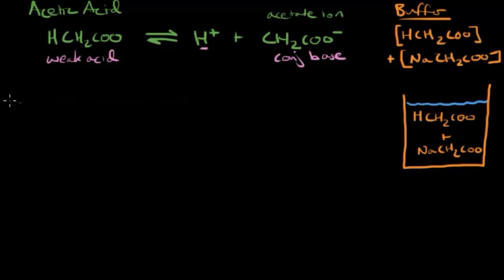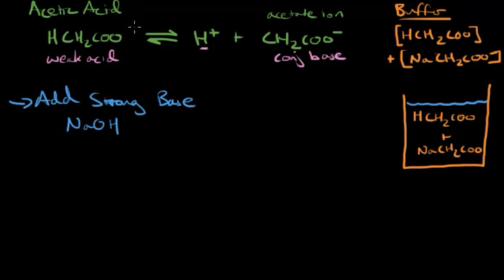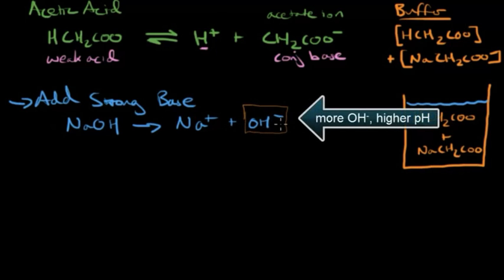We can also look at what happens when we add a strong base. So for our strong base, let's consider sodium hydroxide, a very common strong base that we've been using. Sodium hydroxide we know dissociates completely into Na plus and OH minus ions. And we know that these OH minus ions, these hydroxide ions, would increase the pH of the solution. The greater concentration of OH minus ions would drive the pH up.